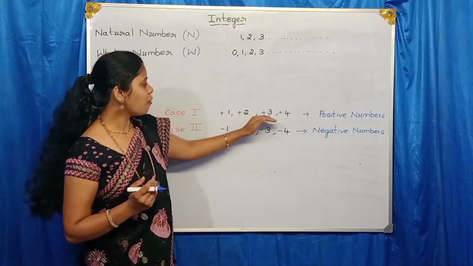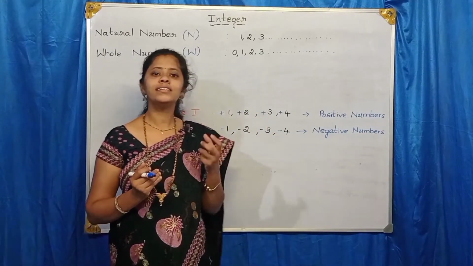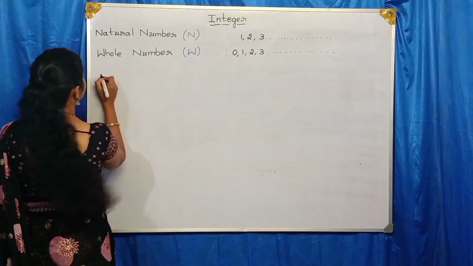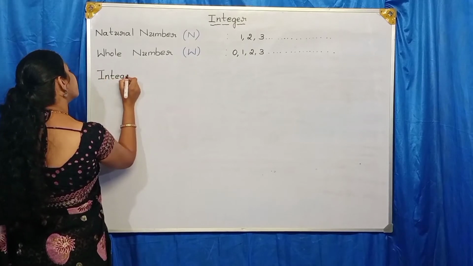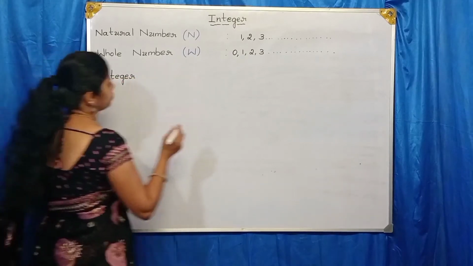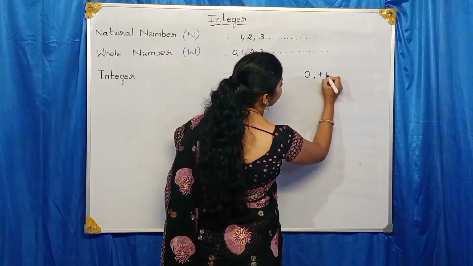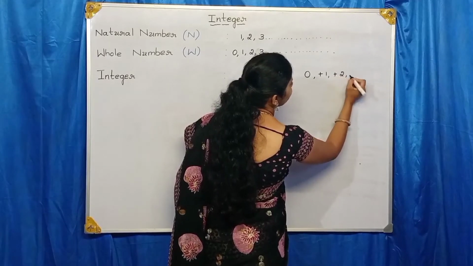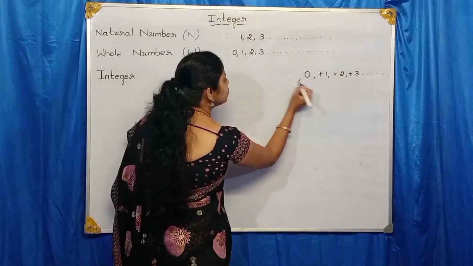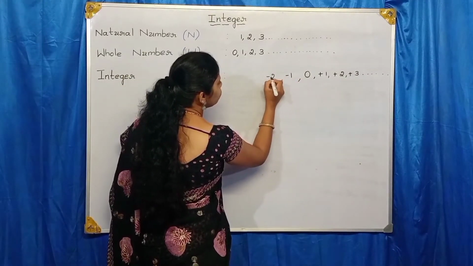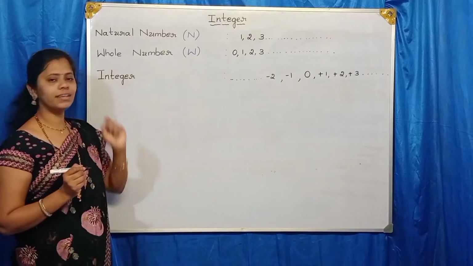That is, positive numbers, negative numbers, including 0 will make a set of integers. Zero and the positive numbers, that is plus 1, plus 2, plus 3 and so on, and negative numbers, that is minus 1, minus 2 and so on, will make a set of integers.